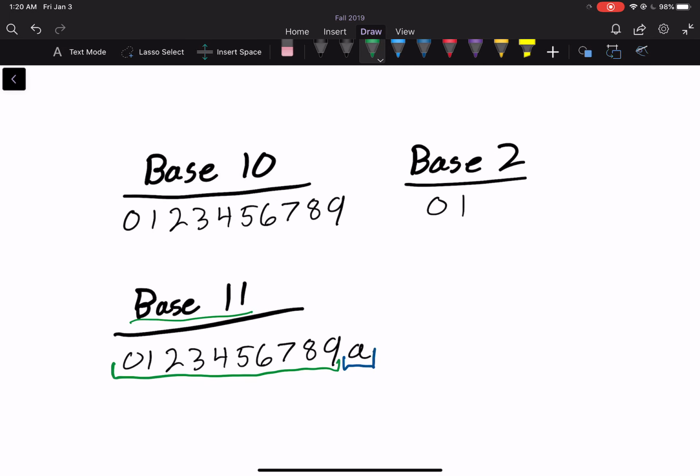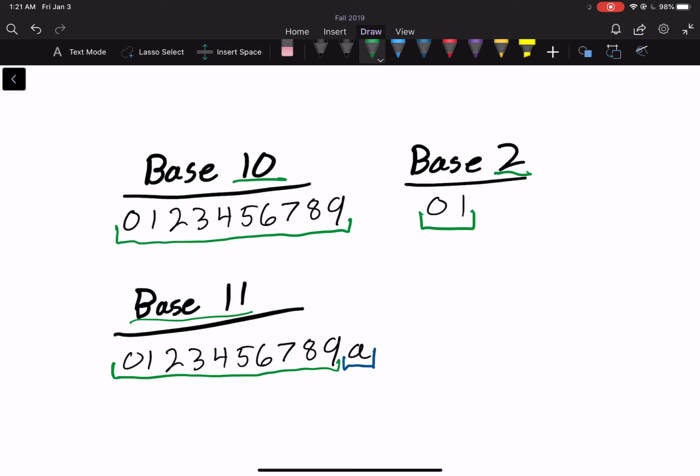But base 10 is the number system that we're all fine and dandy with and we're familiar with. So this is 0 through 9. So base 10, we have 10 symbols that represent numbers that we can play around with. That's what base 10 means. Base 2, right? We only have 2 symbols that we're allowed to play around with.